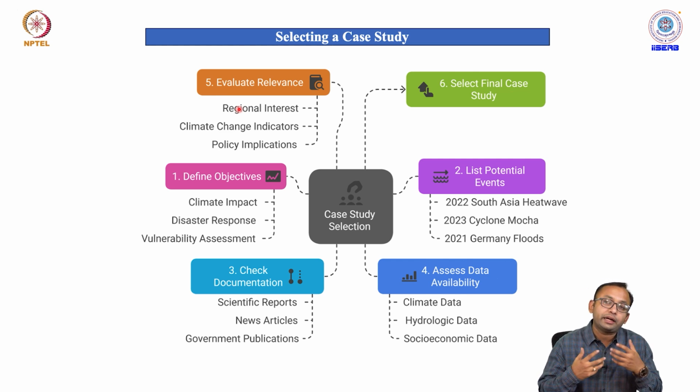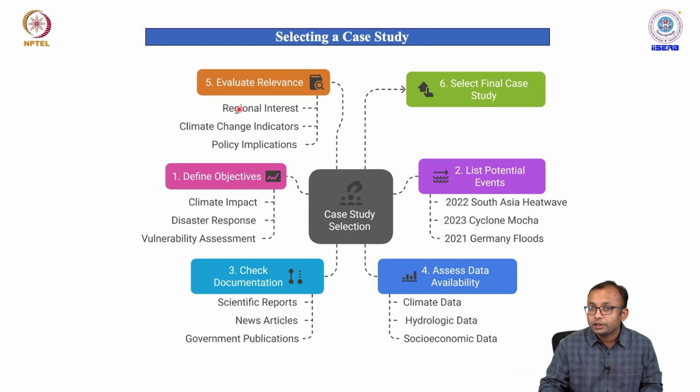The socioeconomic activities, the office-going people who have been stuck in the traffic jam, have basically influenced the overall socioeconomic conditions. Therefore, you would be able to find out the relevance of that problem, and then you can start thinking about how we use that information for the climate change indicators, how we do some sort of policy implications when dealing with that kind of particular problem.